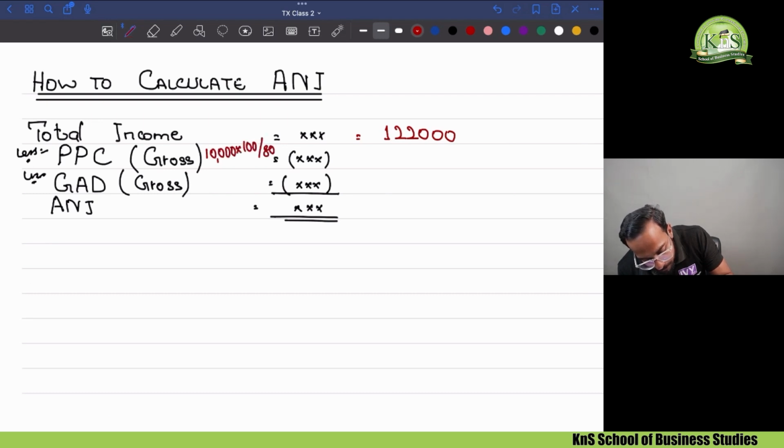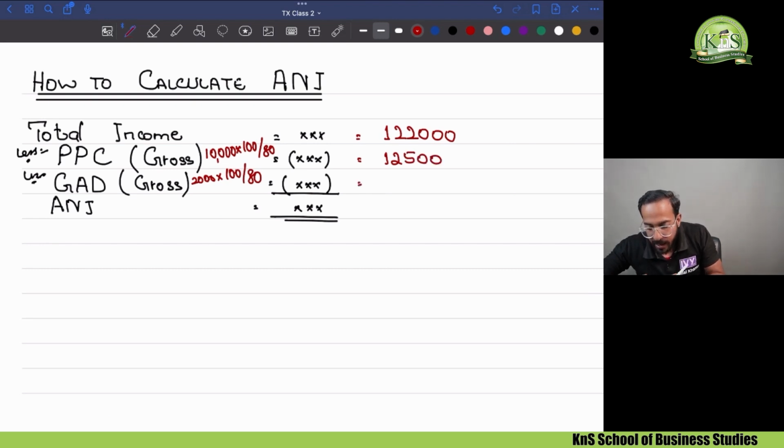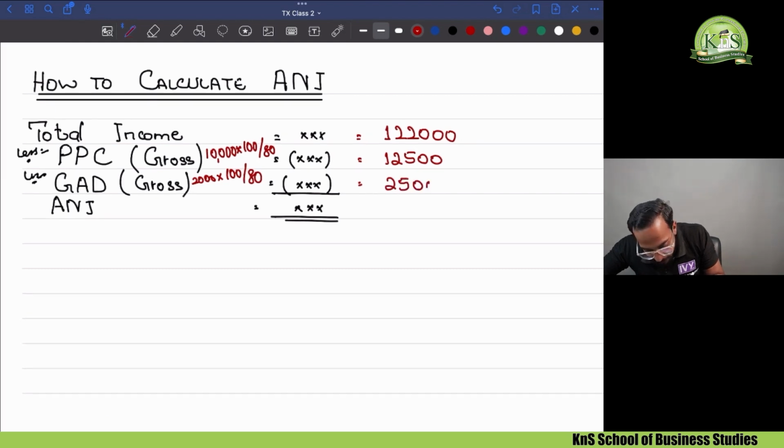I need to gross it up. My gift aid donation contribution is 2000. I need to gross it up. 10,000 multiplied by 100 over 80 will give me 12,500. 2000 divided by 80 multiplied by 100 will give me 2,500.